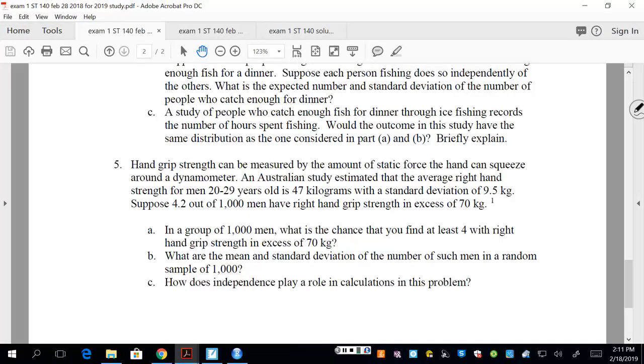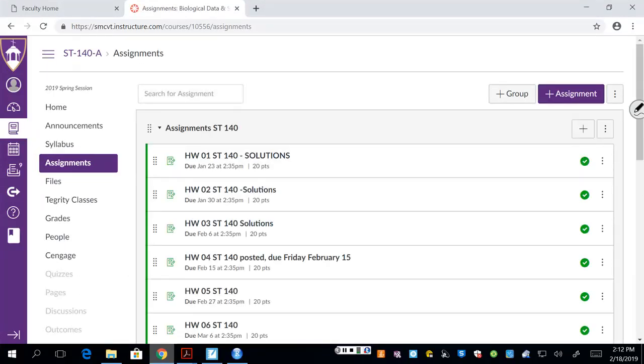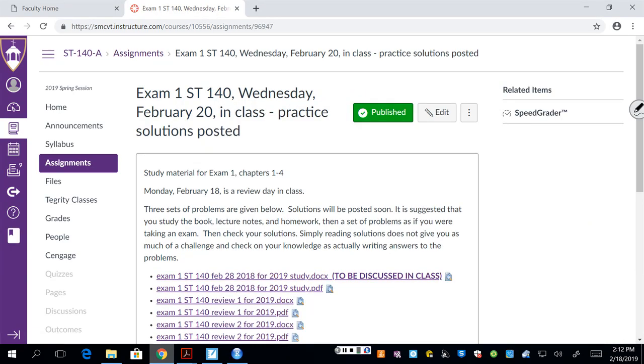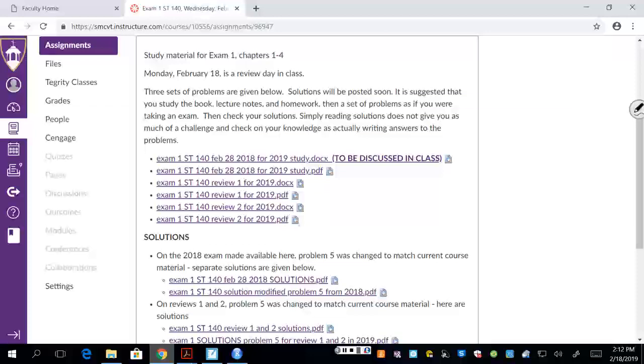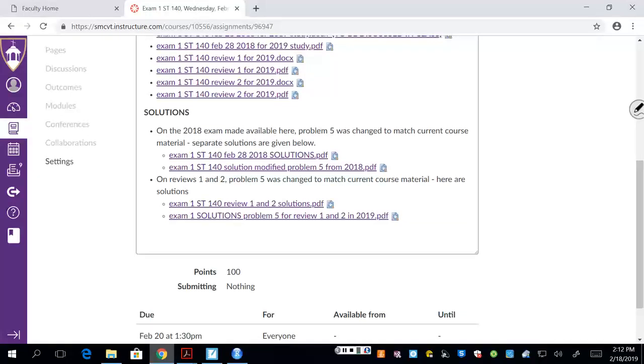The material that's available for study is under assignments, under exam one here. There's a lot of things. Here are the study problems in either Word or PDF format, depending on what you need. We've talked about this first one, but there's a couple other sets of questions that go through things. And then the solutions, and here's this modified problem 5.